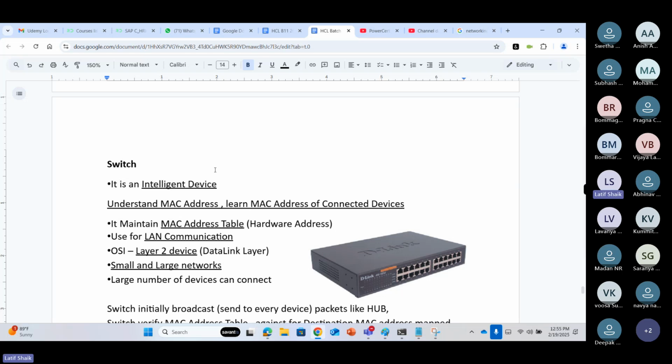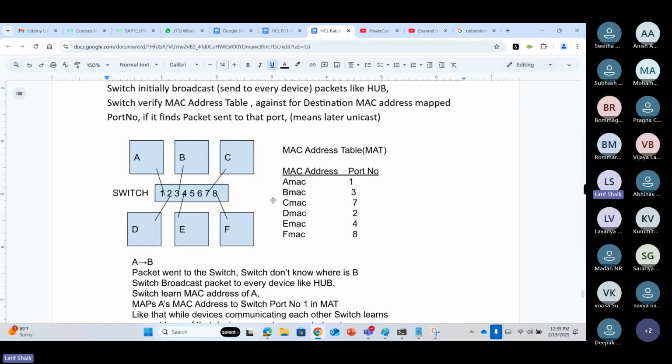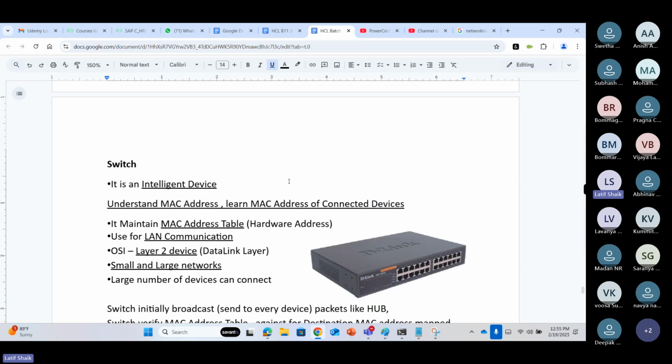Then we are going with the switch. A switch has some intelligence, meaning some processing is there in the switch. Whenever the switch receives a packet from the source, for example A sends a packet to B, A sends the packet to the switch. What does the switch do? It checks the MAC address of the incoming packet, takes the MAC address and maps it to its port number.